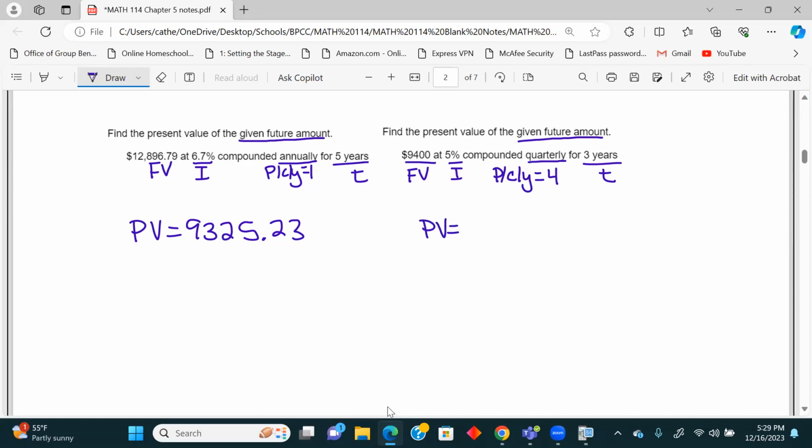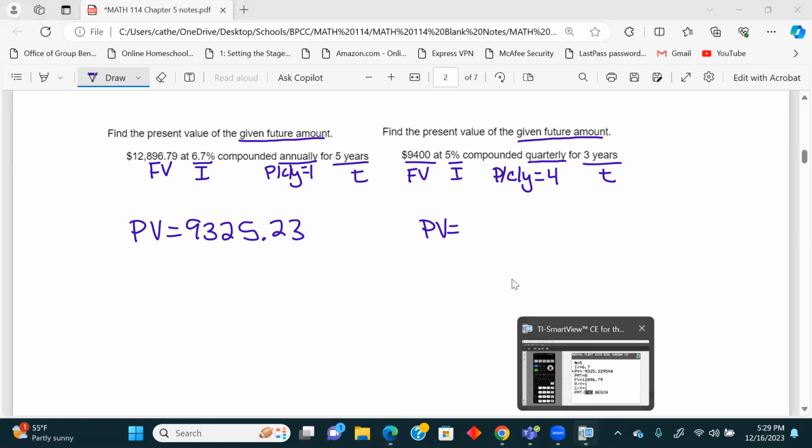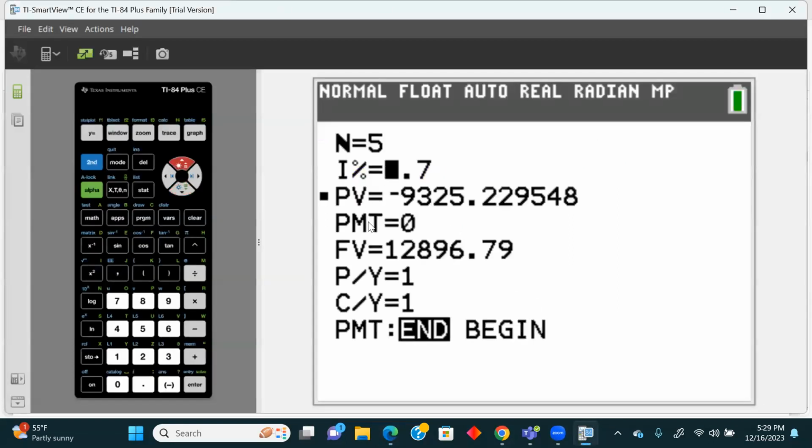Let's go back to the calculator again. Start at the top. So it's 3 years times 4 times a year. The rate is 5. Present value is what we're looking for. If you don't put it to 0 and you go to solve it, it'll give you the correct answer. I just like to set things to 0.